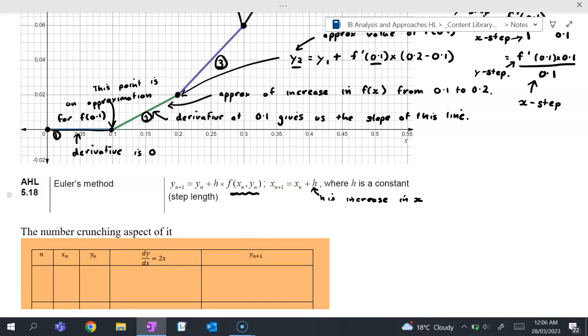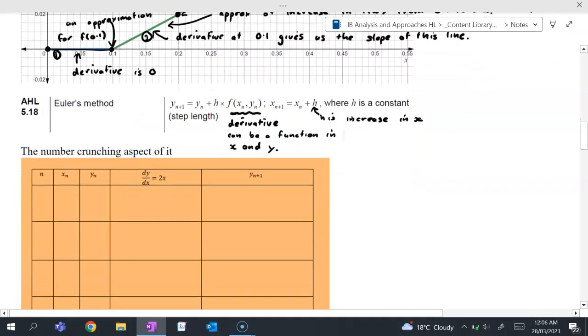Now the derivative, they express as f of xn, yn. The main thing is that the derivative can be a function in x and y. So that's important to note.